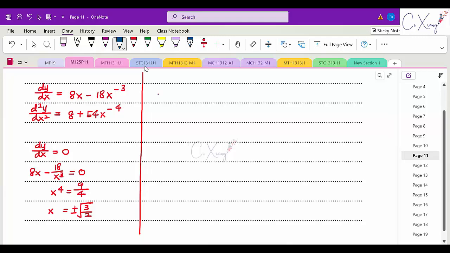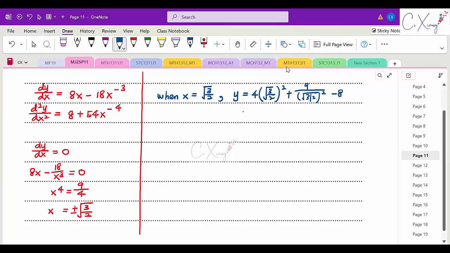Okay, maybe I put it here. When x is equal to positive square root of 3 over 2, what is the value of y? Substitute the value of x into your y equation. So I have 4 times surd 3 over 2 squared plus 9 over x square, so again square root of 3 over 2 squared, minus 8.